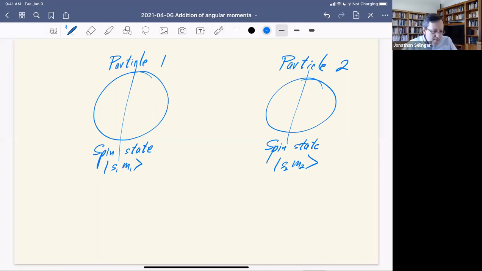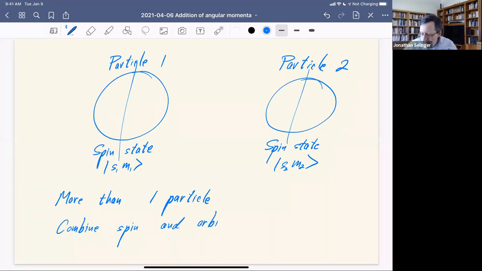So this is important when you have more than one particle. And it's also important if you want to combine spin and orbital angular momentum.